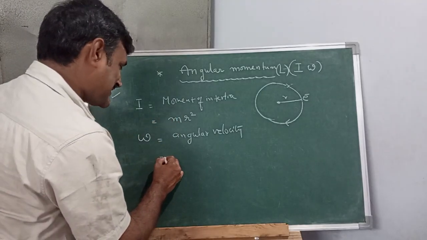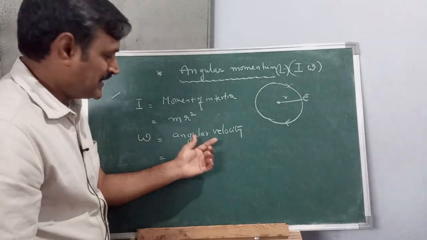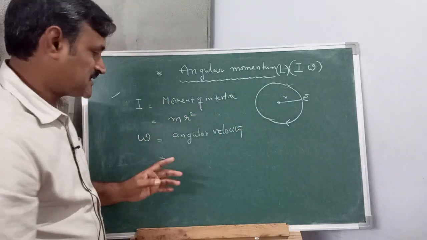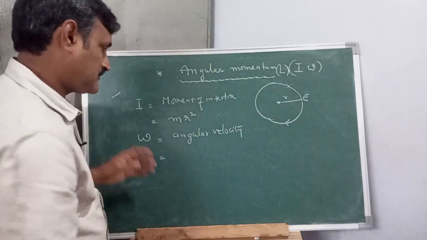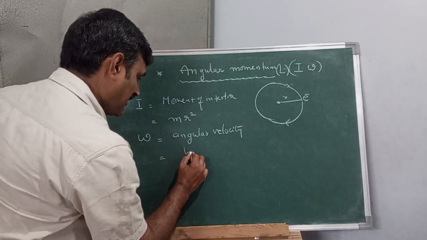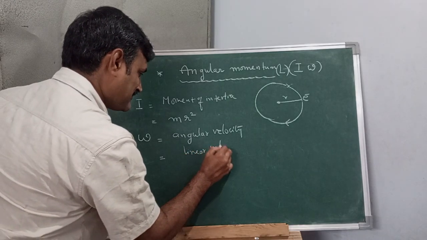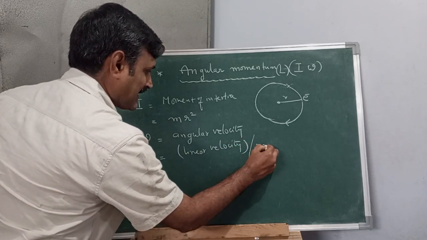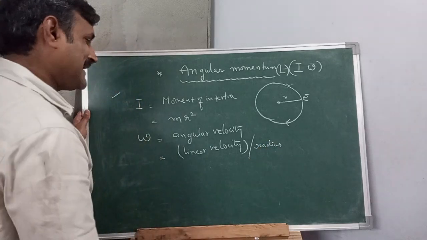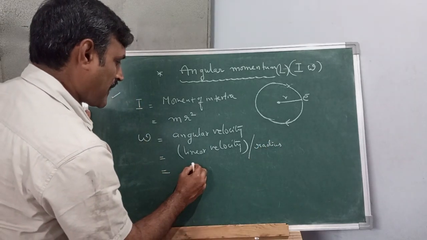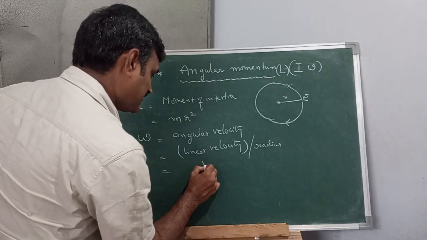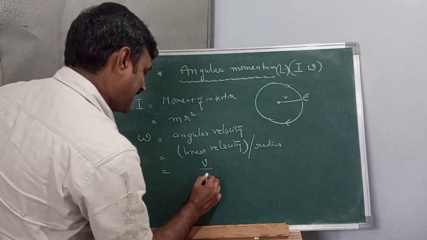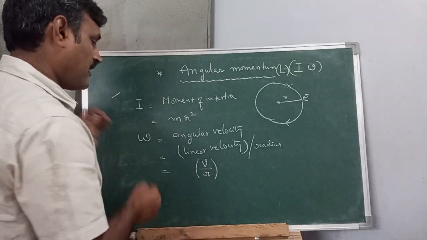Angular velocity is nothing but the linear velocity of the electron divided by the radius. Linear velocity we consider as v, so velocity v divided by radius r, v by r.